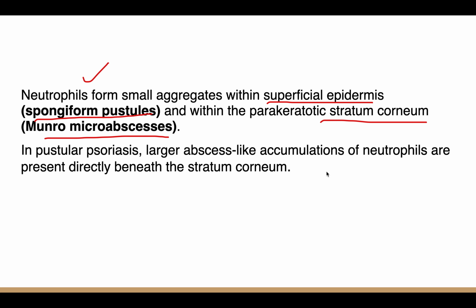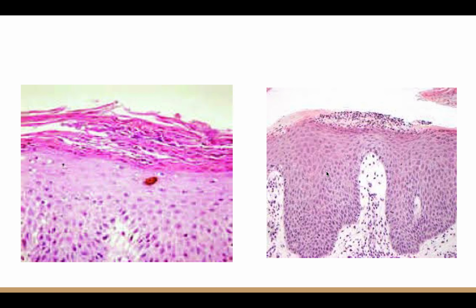If these abscesses get very large, they go into pustular psoriasis, where larger abscess-like accumulations of neutrophils are seen just beneath the stratum corneum. So here you can see the Munro's microabscess which is forming in the stratum corneum layer.